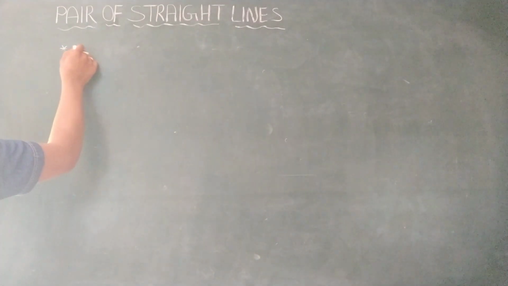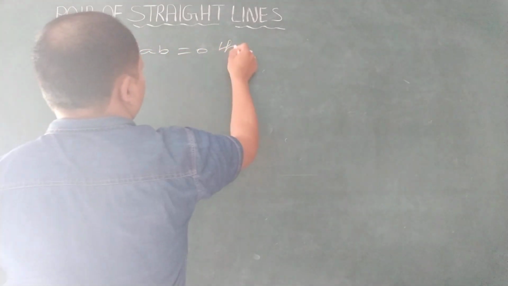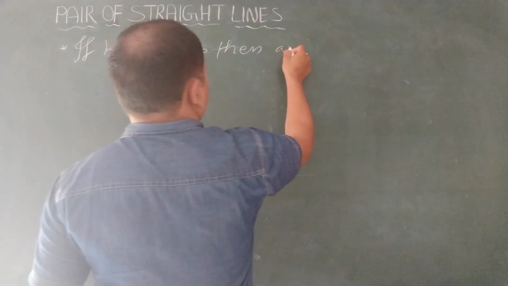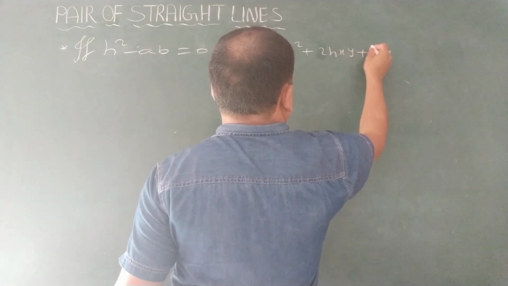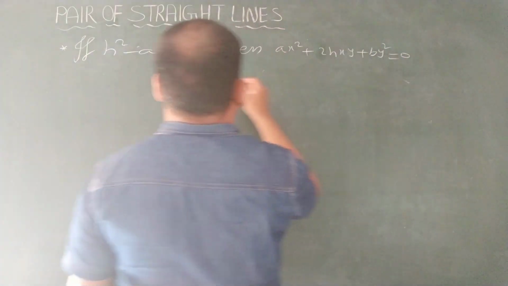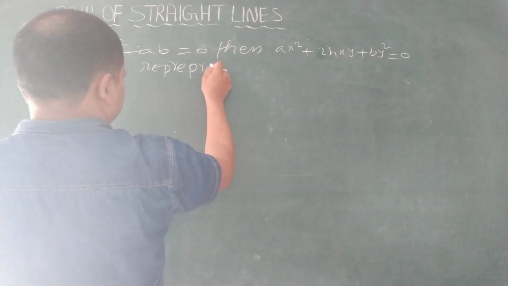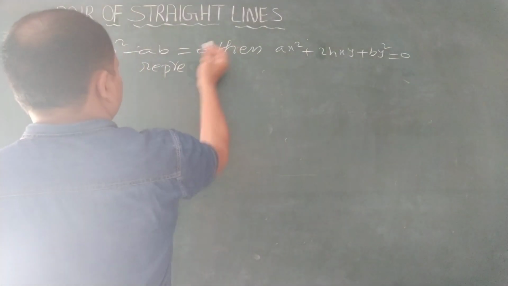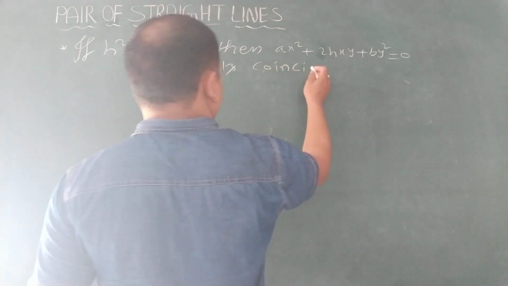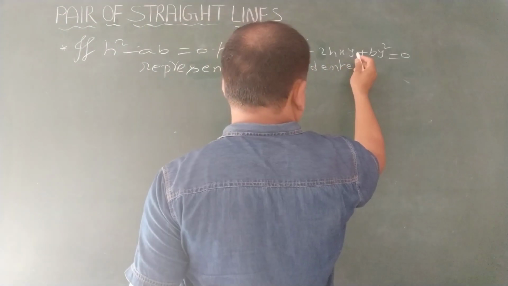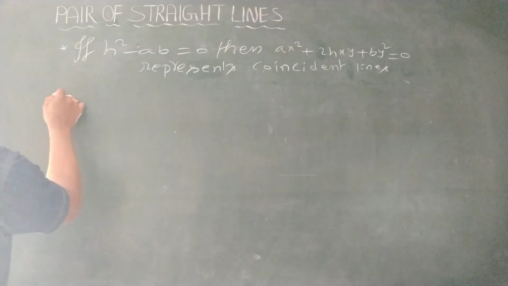If the first point, if h square minus ab is equal to 0, then ax square plus 2hxy plus by square is equal to 0 represents coincident lines. Now, second point.